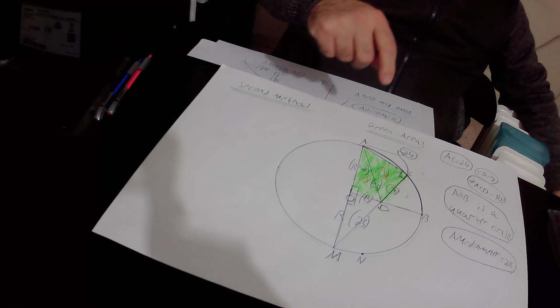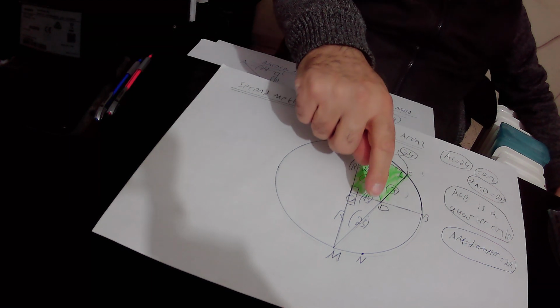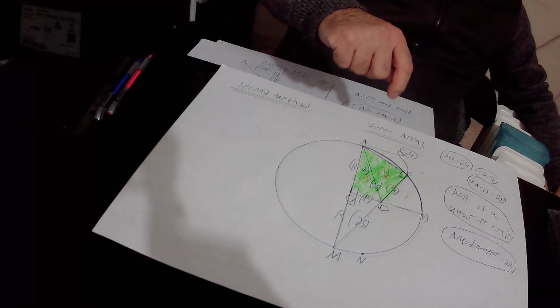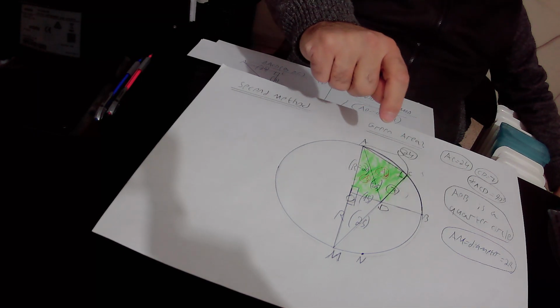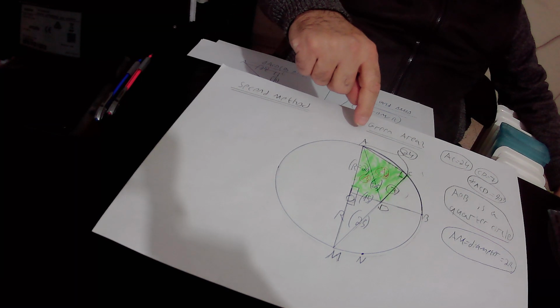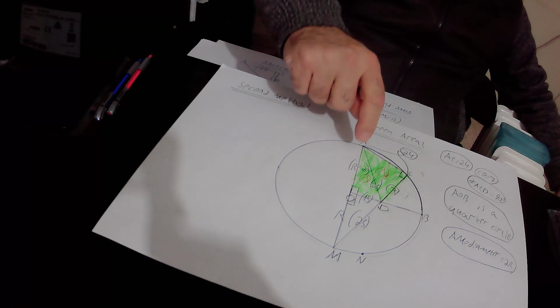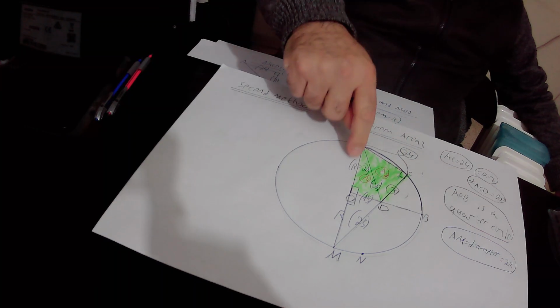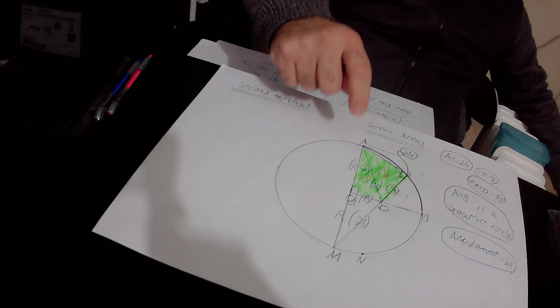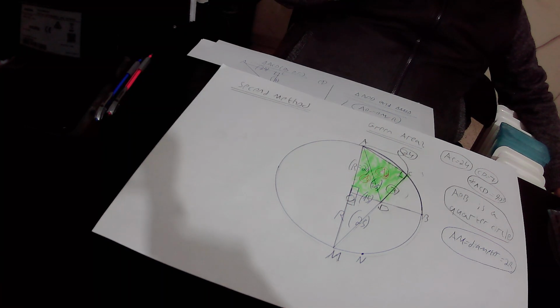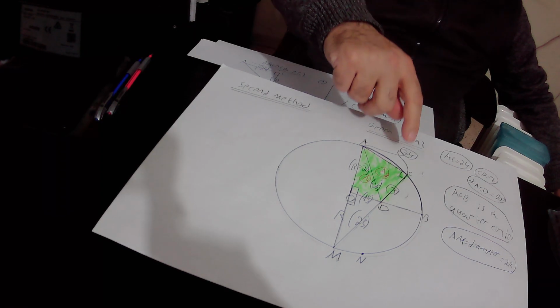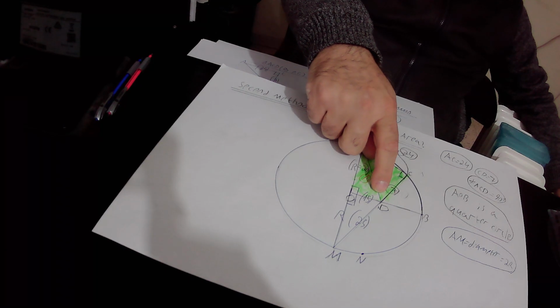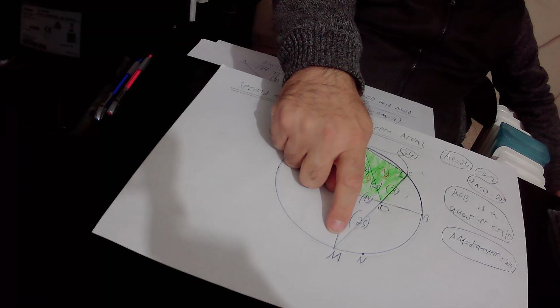Therefore, our assumption that the extended side CD will touch the circle at point N is not correct, because it contradicts rule number 5. Because AN is not the diameter of the circle, but this peripheral angle that is equal to 90 degrees must rest on AM, that is the diameter of the circle. So in order to avoid that contradiction, we must conclude that the extended side CD will touch the circle at point M and not in any other point.